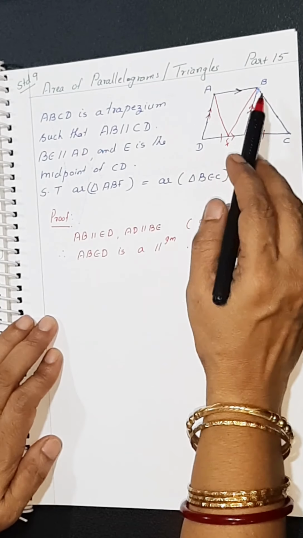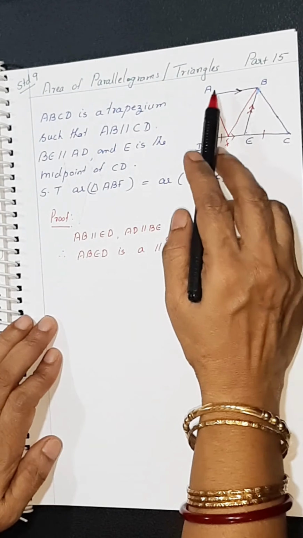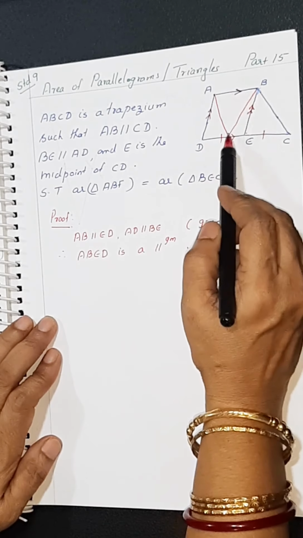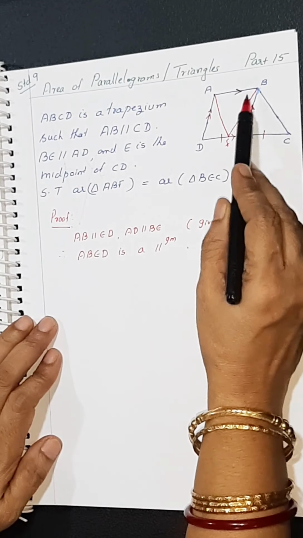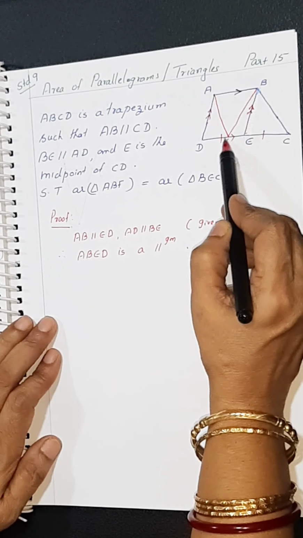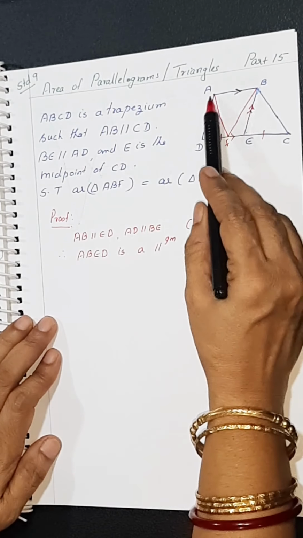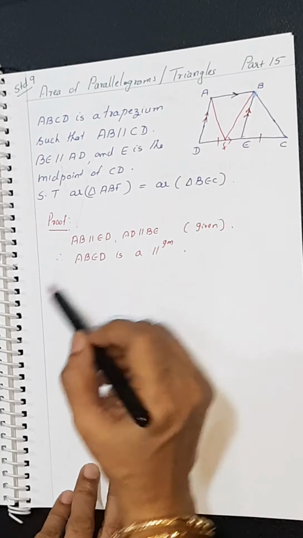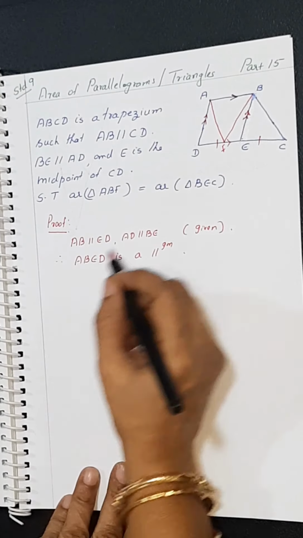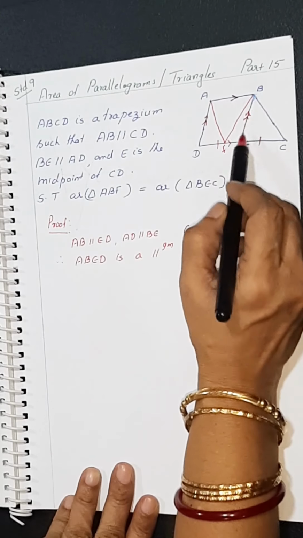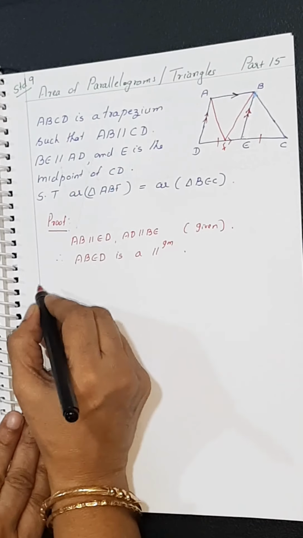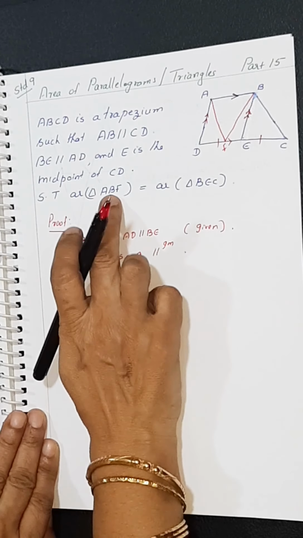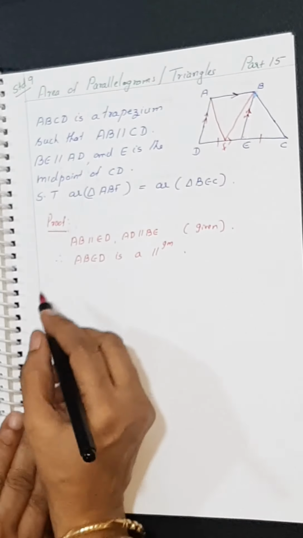Now consider this triangle ABF and this parallelogram. They have the same base AB, and the vertex F of triangle ABF is on this parallel. So the triangle lies between the parallels, and the area of the triangle will be half of ABED. We have to prove area of triangle ABF equals BEC, so first we write ABF.